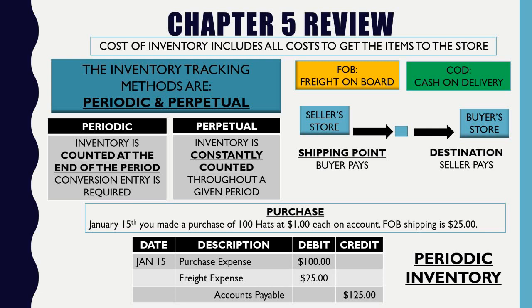Shipping destination, the seller's responsible. We talked about FOB, which is freight on board, and COD, which is cash on delivery. And we also talked about an example of how you would journalize a purchase of inventory. So there you go, purchase expense, freight expense, and however you paid for it.